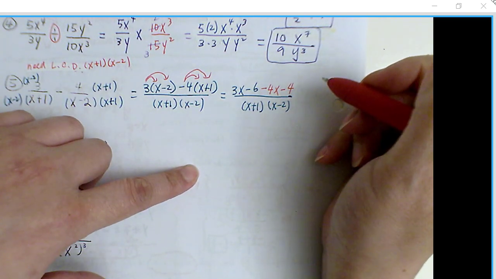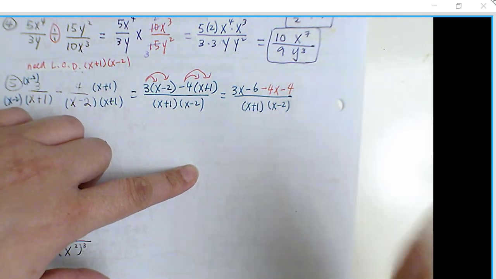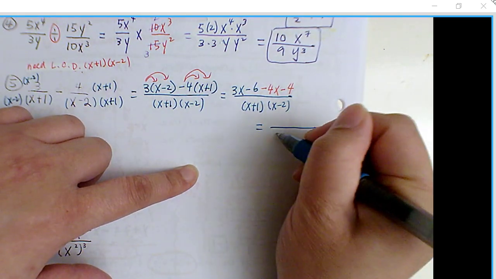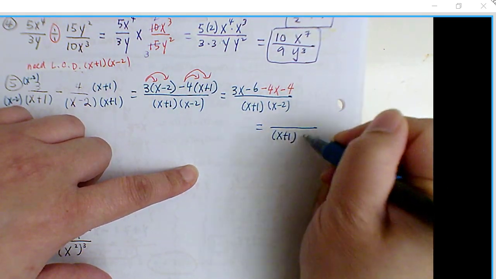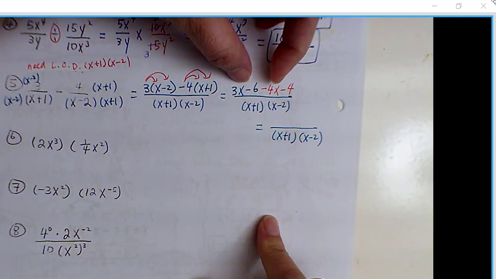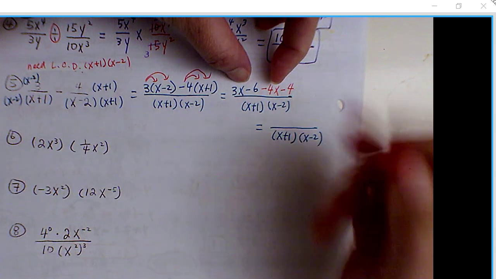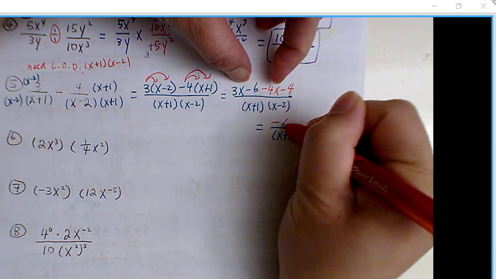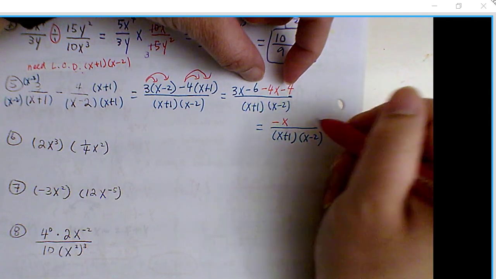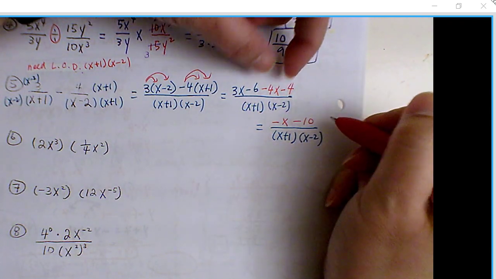And then now we can try to combine like terms on top, and the denominator will stay the same, so the denominator would be x plus 1 times x minus 2. On top, we have 3x minus 4x, which will give us a negative 1x, right? And then negative 6 minus 4 would be negative 10.